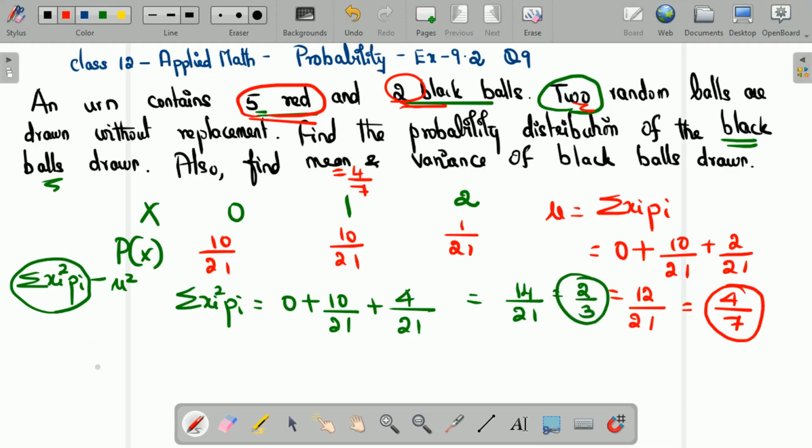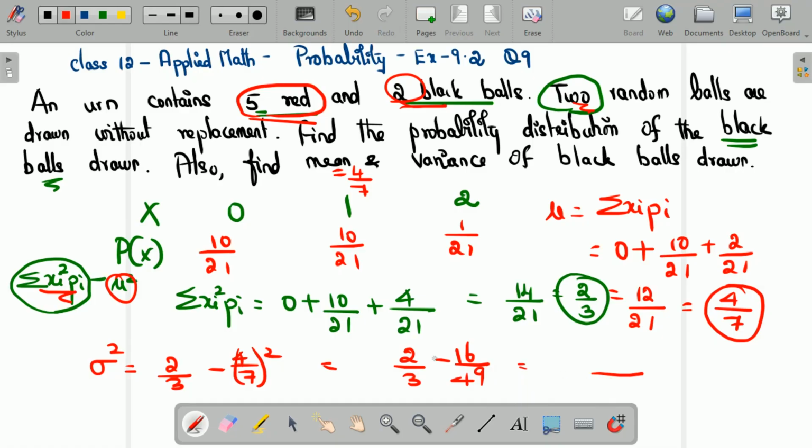Now let's work on calculating the sigma square. So sigma square is going to be equal to this one, which is 2 by 3 minus mu squared, which is going to be 4 by 7 the whole squared. So this is 2 by 3 minus 16 divided by 49. So let's take the LCM. So LCM is going to be cross multiplication.